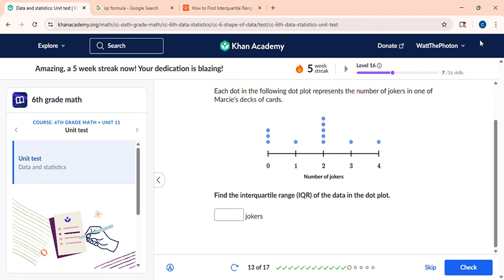You find the mean or median. So the median is going to be 2, right?